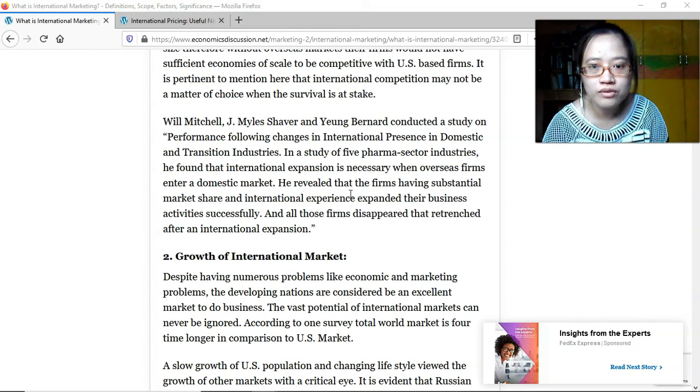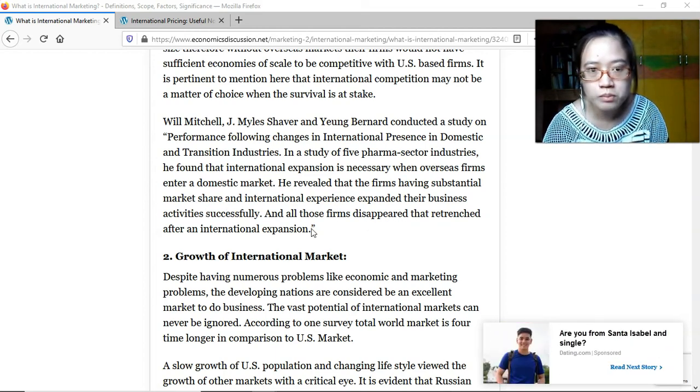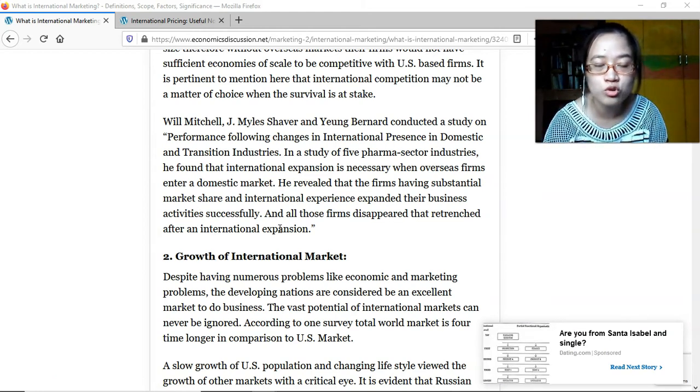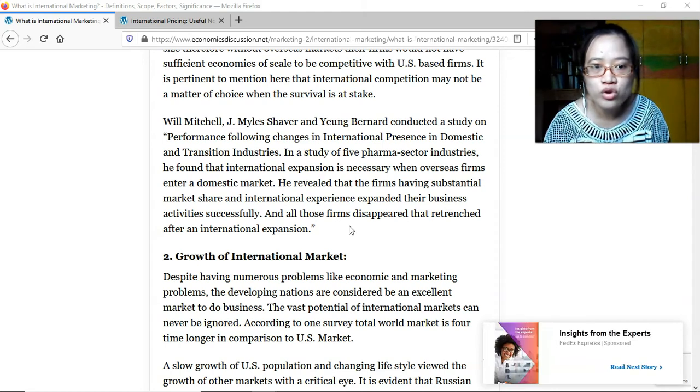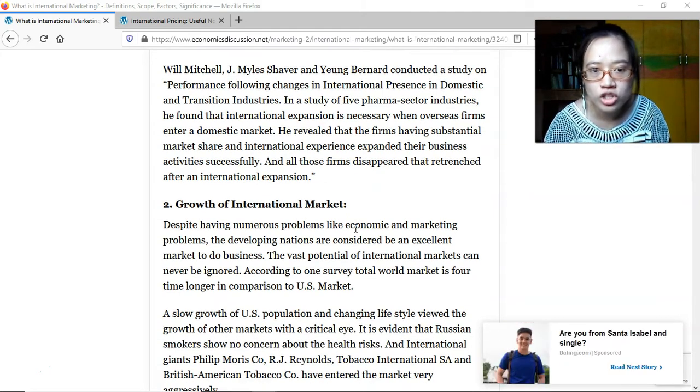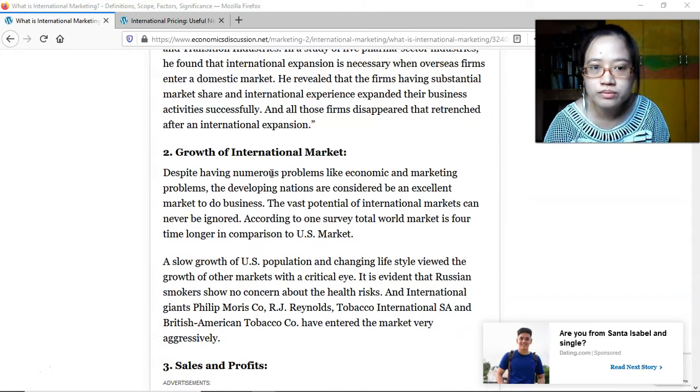He revealed that the firms having substantial market share and international experience expanded their business activities successfully, because they have all the experience already. They probably have an understanding already of what to do and what not to do. And all those firms disappeared that retrenched after an international expansion.